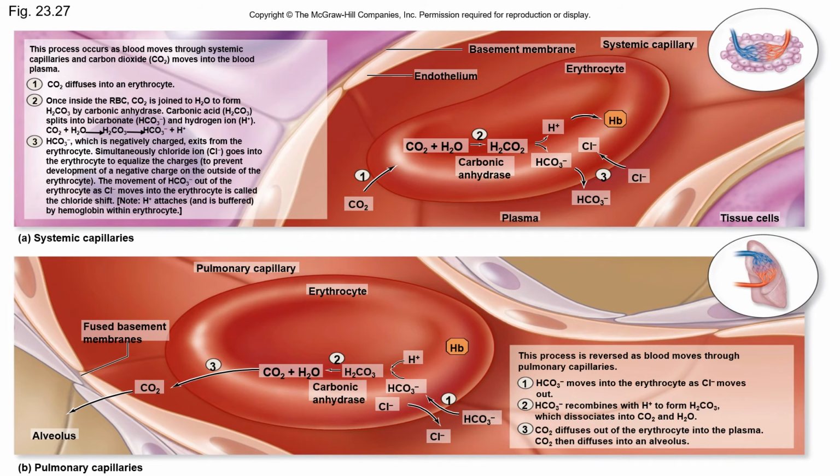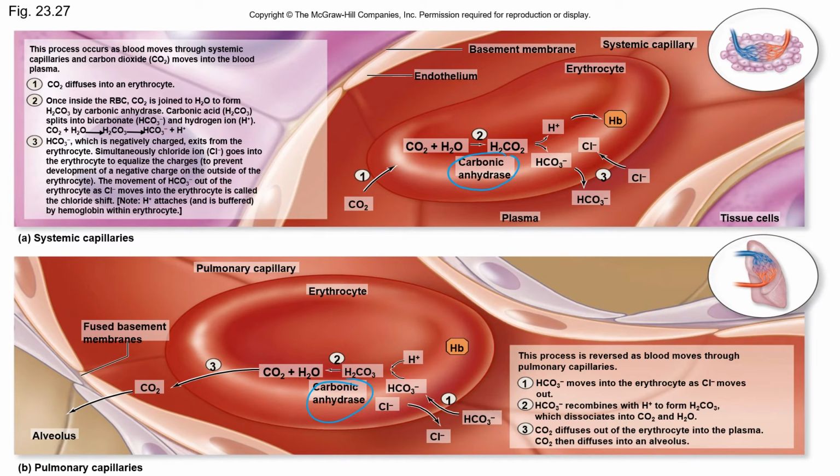Okay, so the story is not quite that simple. There are a couple of other things that happen. The enzyme that makes carbonic acid form and then unform, form in the tissues and then unform in the lungs, is called carbonic anhydrase. And it exists in large amounts only in the red blood cells.